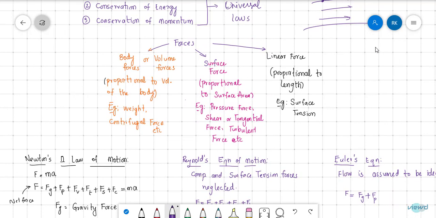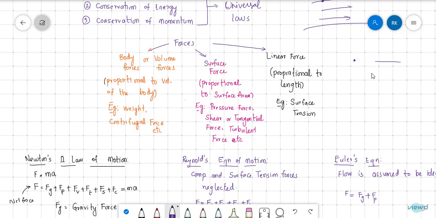Dynamics generally consists of forces. Forces are of three different types: body forces, also called volume forces, surface force, and linear force. You know that if we join points, a one-dimension figure is formed.